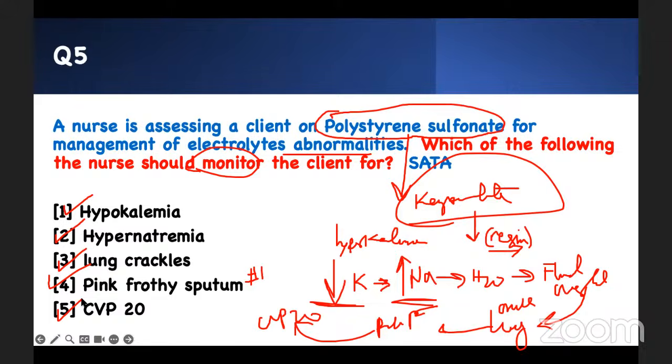I use this question and turn it, and make it basically pharmacology and fluid. If you understand the pharmacology and the fluid aspect of it, you can see the symptoms and you know that the nurse should monitor the client for that.